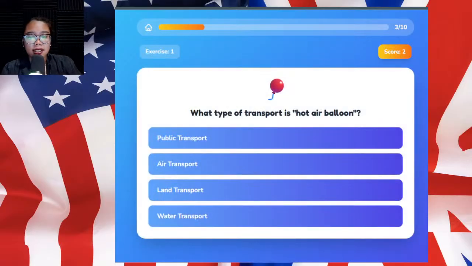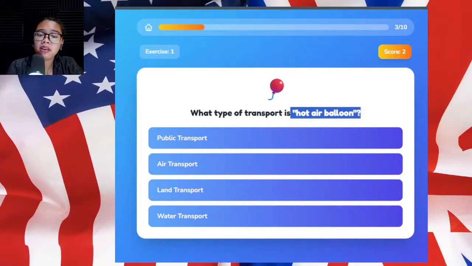Okay, you're correct. All right, we're down to our third item for the first exercise. Next, we have what type of transport is hot air balloon? So we are talking about hot air balloon. If you remember it correctly, what do you think it is? What is hot air balloon?